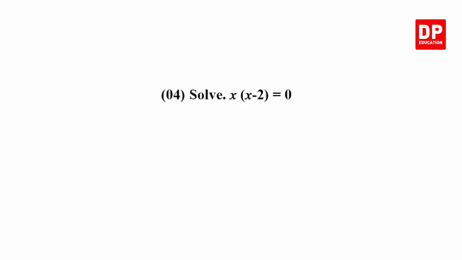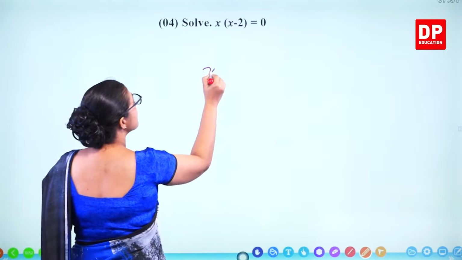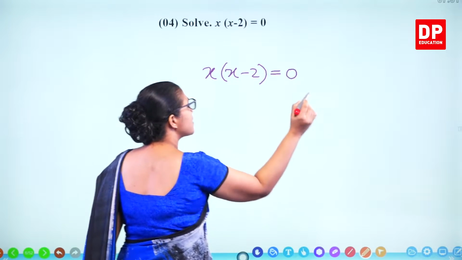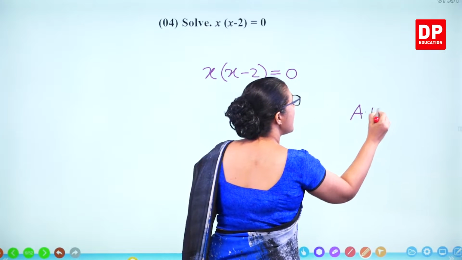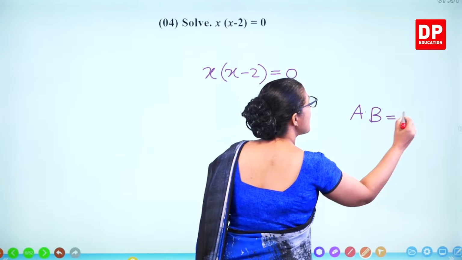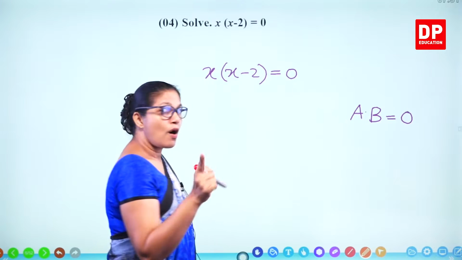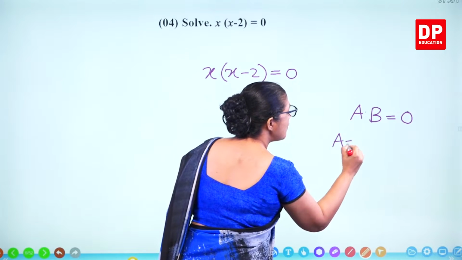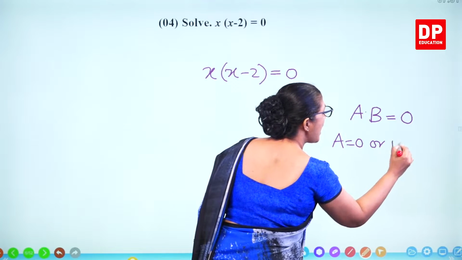Question number 4. Solve x into x minus 2 equals 0. Product is 0. If a and b are 2 terms and the product is 0, what can we say about these two? A can be 0 or b can be 0.